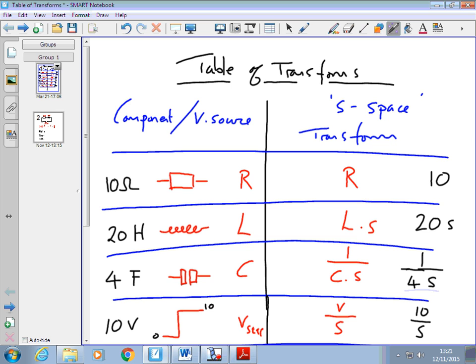It's just a mathematical trick to allow us to avoid having to do integrations. The 10 volt supply becomes V over S, so 10 over S. We can use our table to write down what each of these things is.